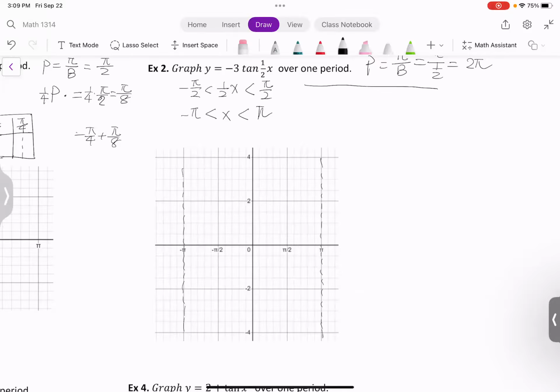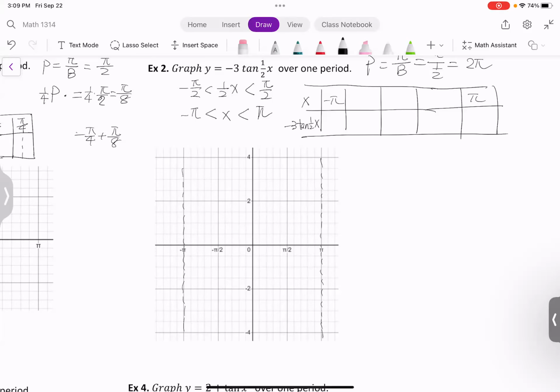So find the y values. I draw a table, x and negative 3 times tangent 1/2 x. The first and last are vertical asymptotes, negative pi and pi. In the middle, we have 3 key points.